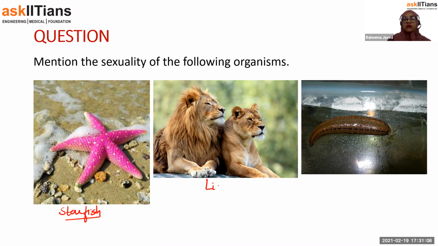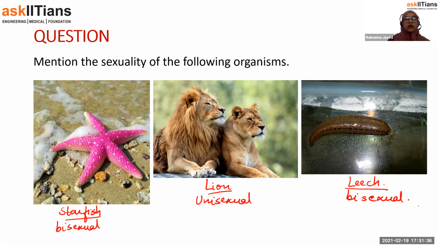This is lion, and this is a leech, blood sucking leech. A starfish is unisexual or bisexual? It is bisexual. Lion is a unisexual animal, and leech is also a bisexual animal.